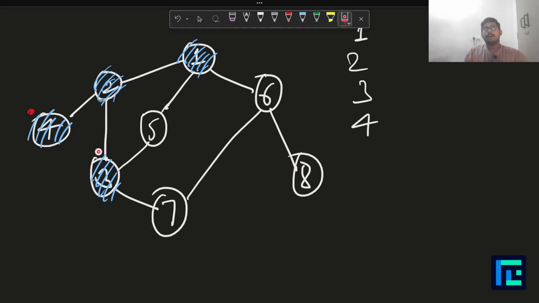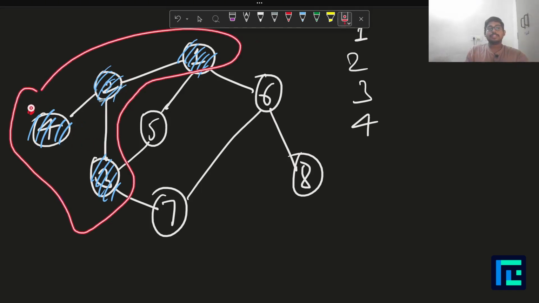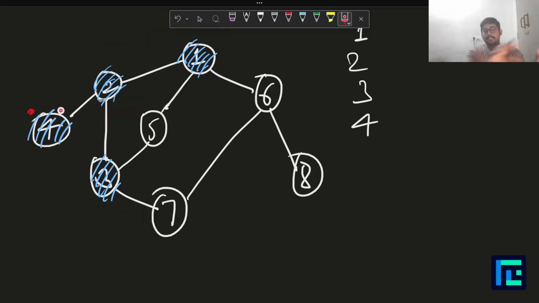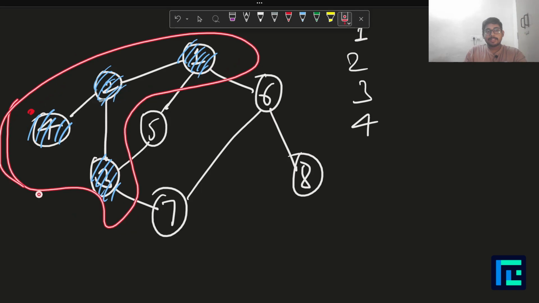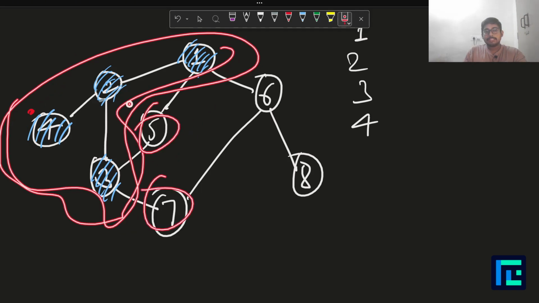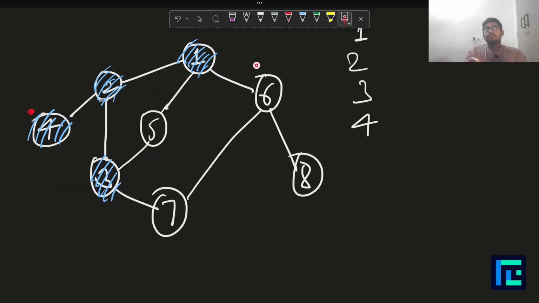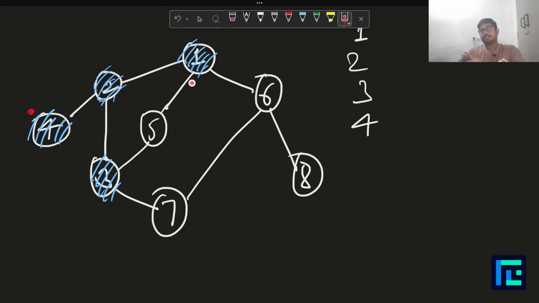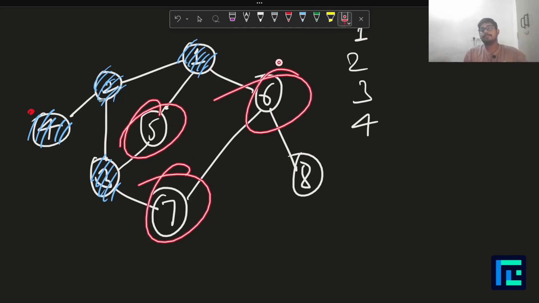So always the nodes which are visited form a connected graph in itself, and all those nodes adjacent to the nodes present in the connected graph would be the next available choice for you, and among them you are always choosing the lexicographically smallest.